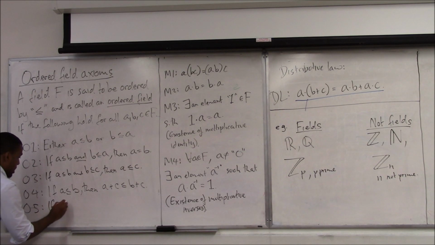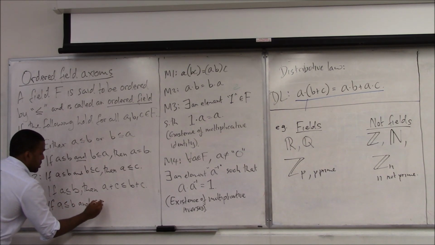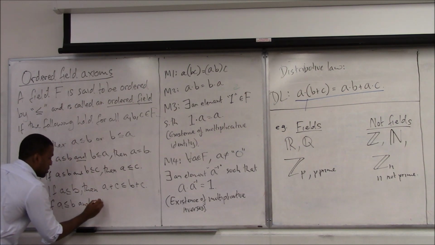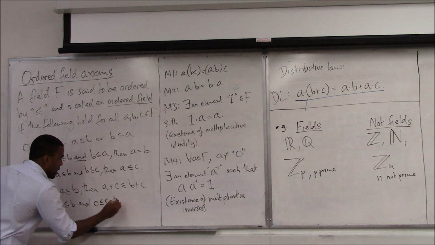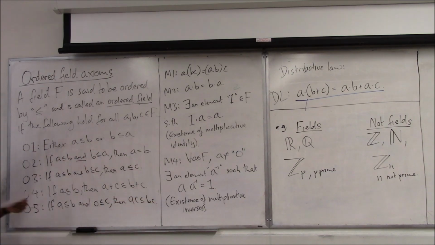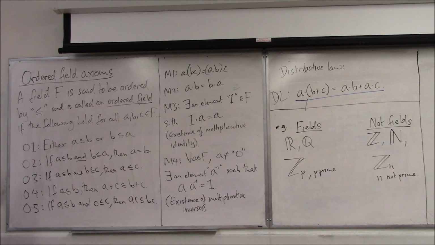So if A is less than or equal to B and 0 is less than or equal to C, then AC is less than or equal to BC. And that is the ordered field axiom.